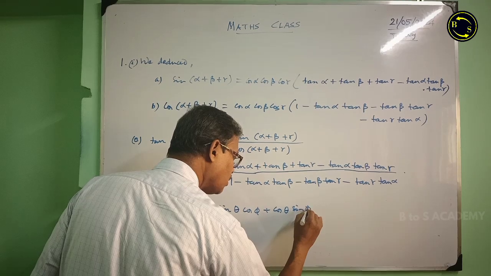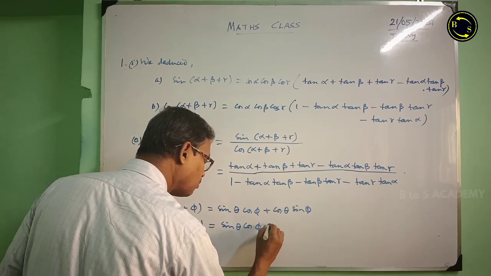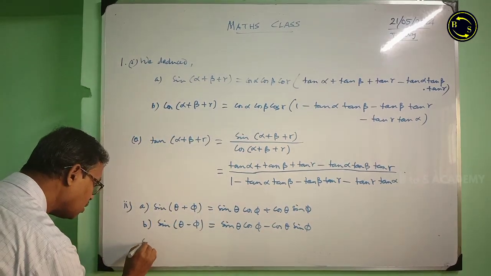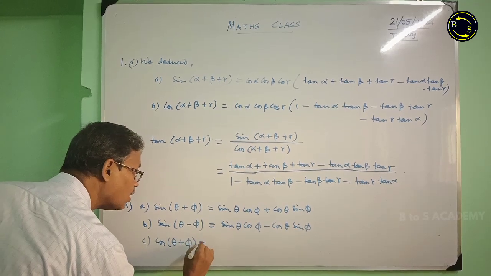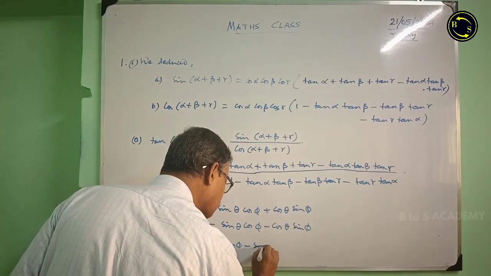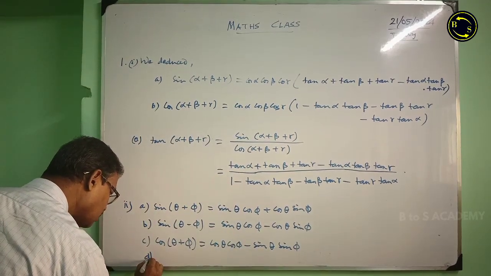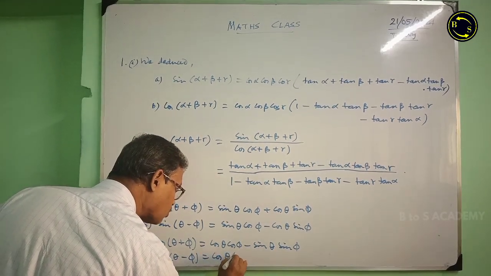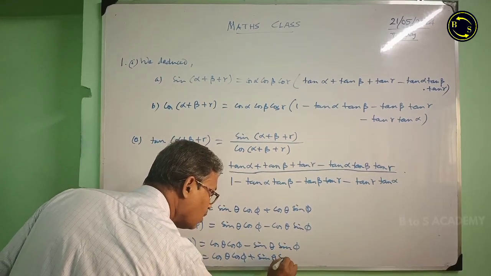This is equal to sin theta cos phi minus cos theta sin phi, and for cos ratios, cos of theta plus phi is cos theta cos phi minus sin theta sin phi, and cos of theta minus phi is cos theta cos phi plus sin theta sin phi.